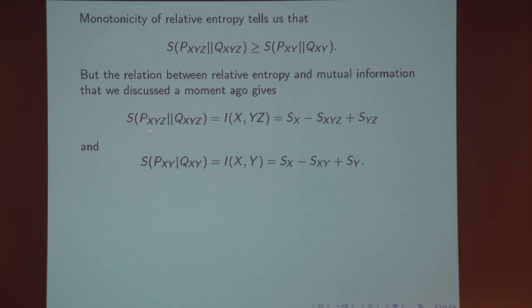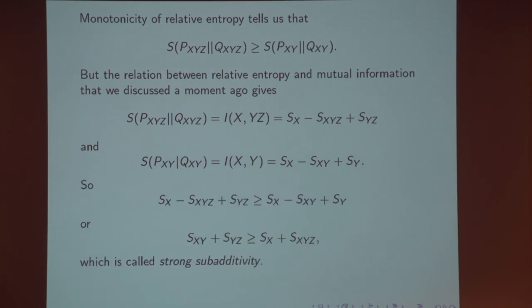So the relative entropy between our starting distributions is the mutual information between x and yz, which is given by this sum of 3 entropies. And the relative entropy between these two is another mutual information, so it's the sum of these 3 entropies. So the monotonicity statement becomes this, or after a small rearrangement, we get this inequality among 4 entropies, which is called strong subadditivity.